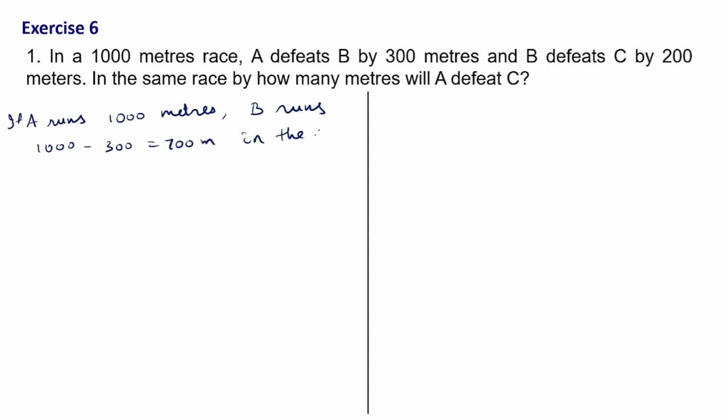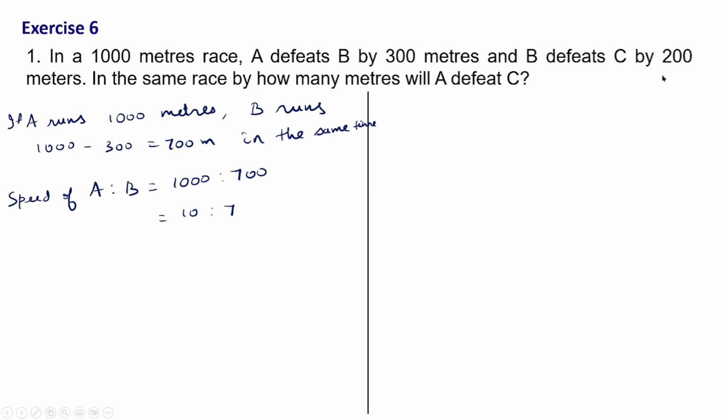As a result, we can find the ratio of the speed of A to B. So speed of A is to B, it is 1000 is to 700, or it is 10 is to 7. Similarly, we can find the ratio of speed of B is to C, and from that we can find the ratio of speed of A is to B is to C, which will be helpful to find the answer.